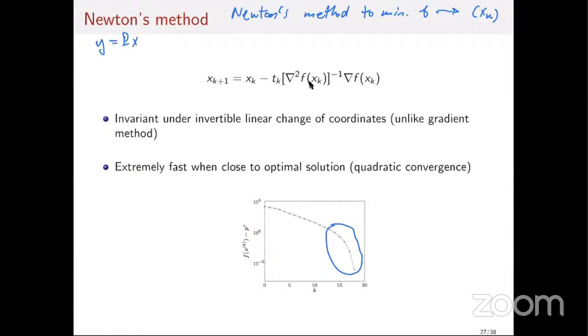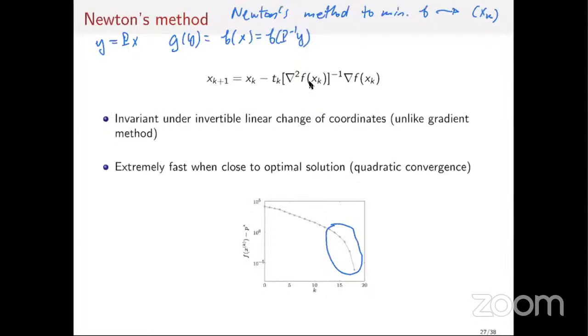Okay, and so I can define g of y, the function g of y, to be just f of the corresponding x, so f of p inverse y. Okay, and now you can think about applying Newton's method to g.